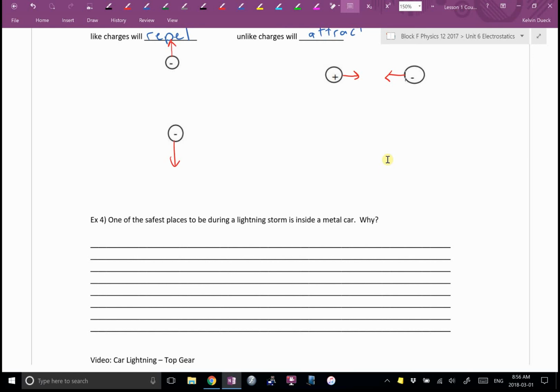You're fine. And it's counterintuitive, but the reason you're safe from lightning is because you're inside a metal shell. Nothing to do with the tires. It's because you're inside a metal shell. That's the safest place to be. Doesn't metal conduct electricity? Yeah, you're fine.